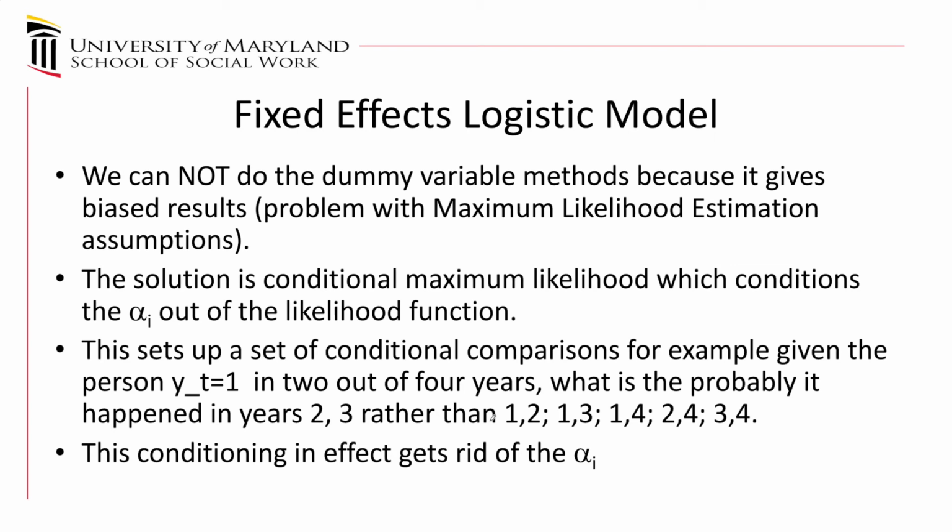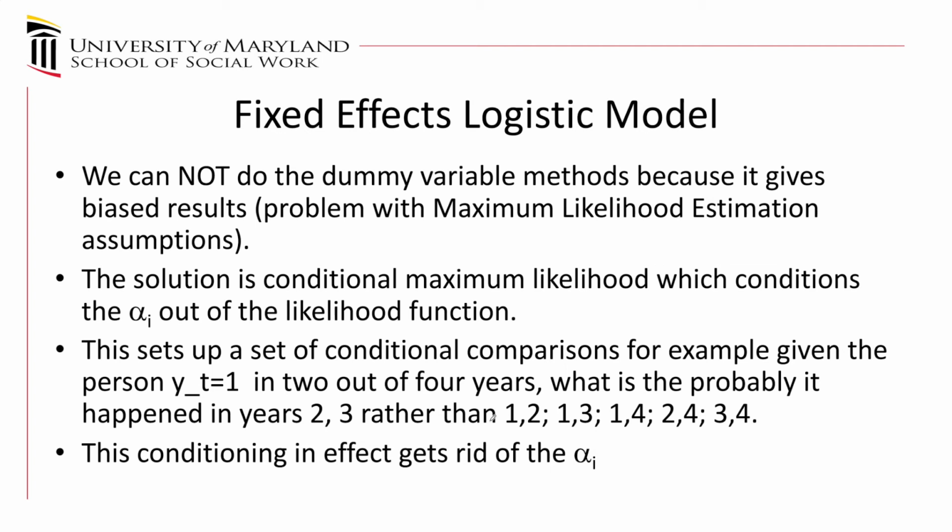So each person in the data set gets a variable. If we have more persons in the data set, there are more variables. And for some reason, which I do not understand, so don't ask me about it, this violates an assumption of maximum likelihood. The Allison book provides a little bit of a description of that.